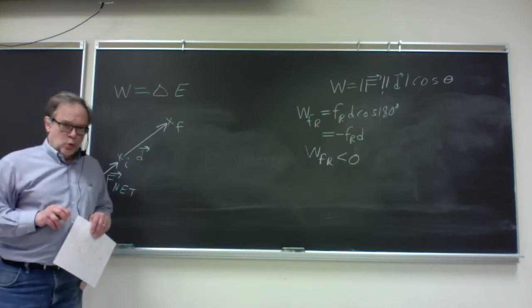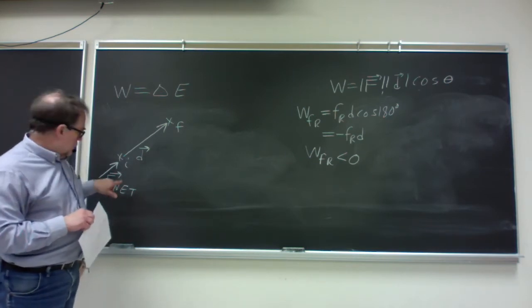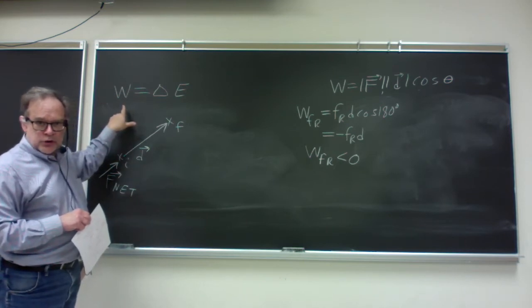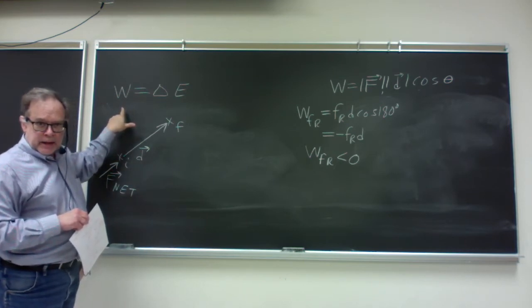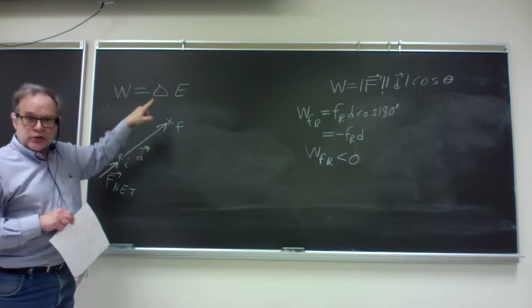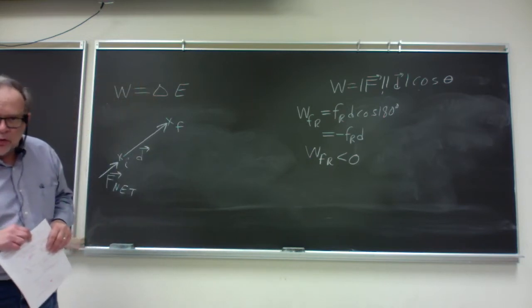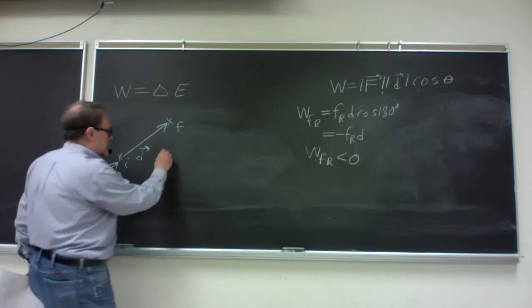Okay, so then the work done by this is the kind of work that we always refer to as just plain W, and that will tell us exactly what the energy change is for the thing that's feeling that net force. So what is that work?